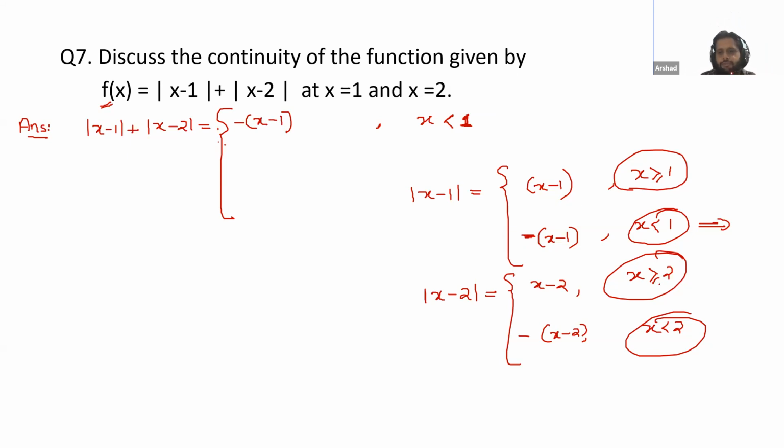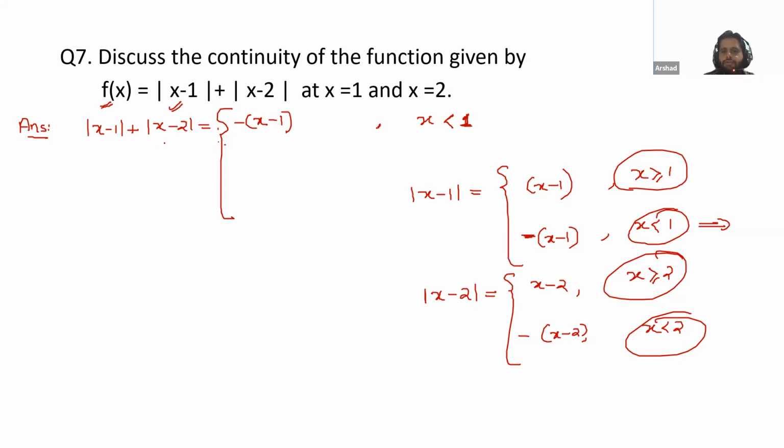Then please tell me the next one for less than 1: this second modulus, will this be positive or negative? Negative, very good.